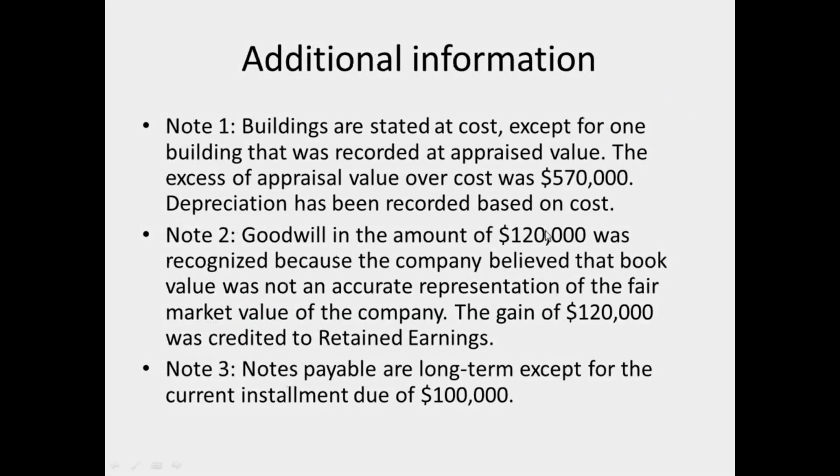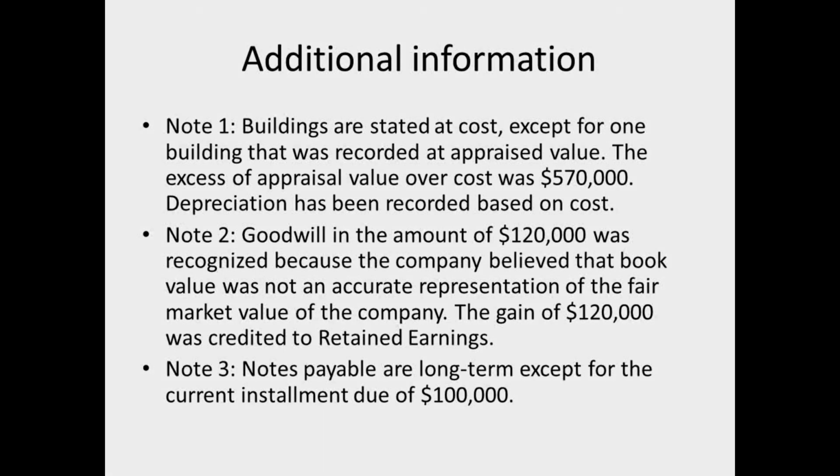So note 2 says goodwill in the amount of $120,000 was recognized because the company believed that book value was not an accurate representation of their fair value. So they were thinking to themselves, here's what we have on our books, and we are so much better than this. We deserve to have a higher book value. So we're going to actually record an extra $120,000 so our investors know we are good. We have this goodwill.